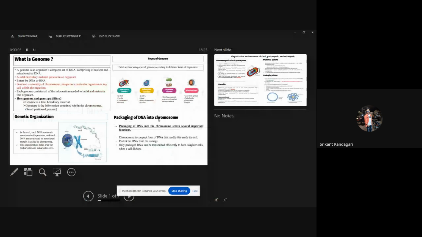We can start from what is genome, as in your second semester. A genome is an organism's complete set of DNA, comprising both nuclear and mitochondrial DNA inside the cells.